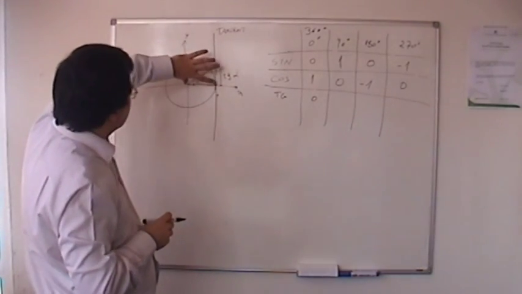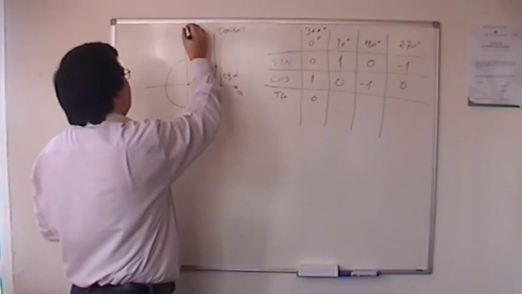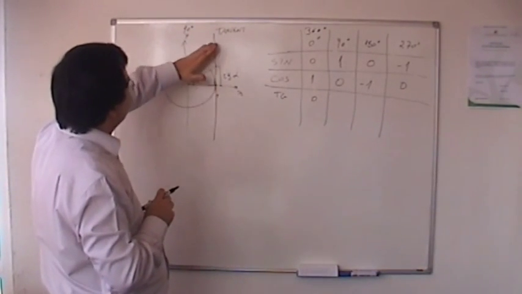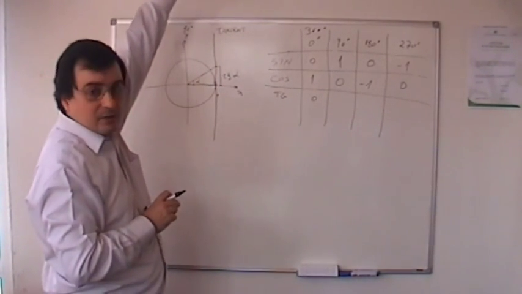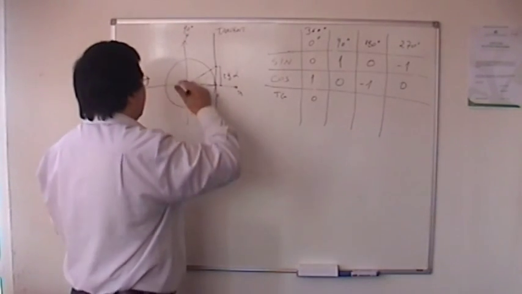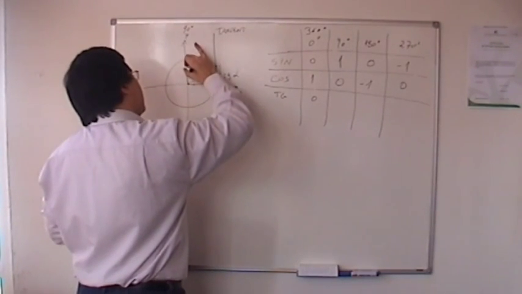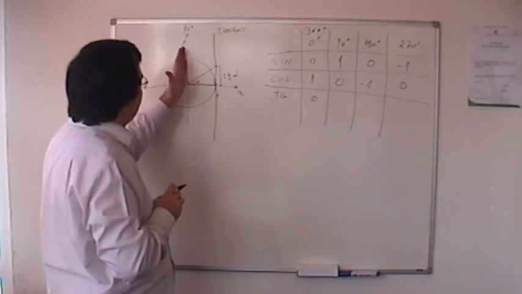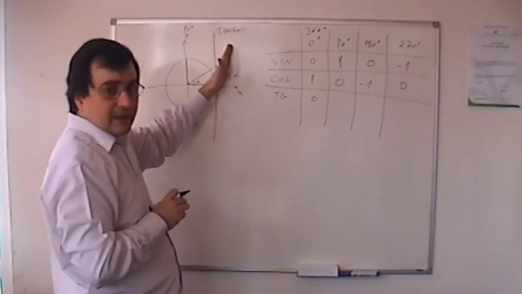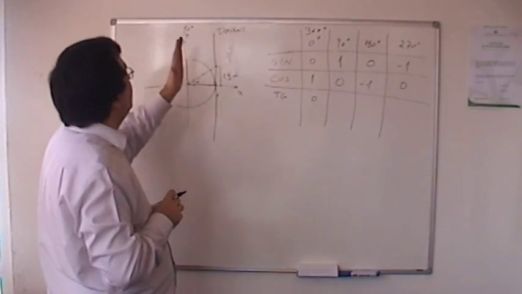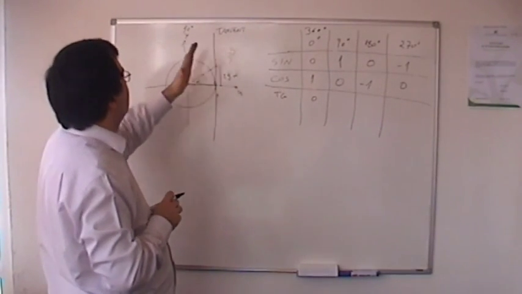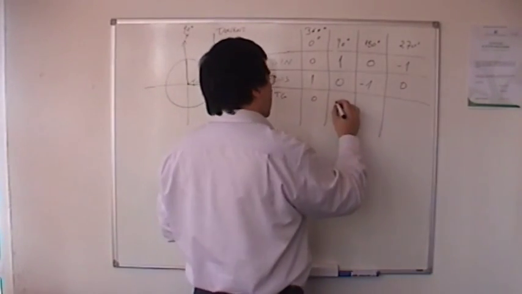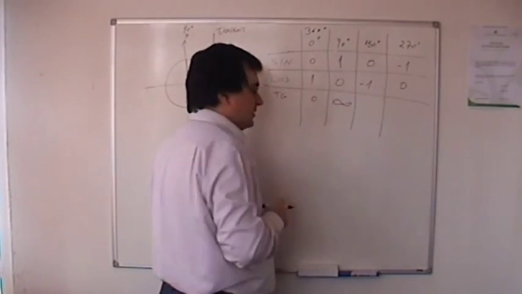But as we move towards 90 degrees, we find that tangent will increase towards infinite, and when we reach 90 degrees, the angle will be parallel with the tangent line. So you cannot determine the value of tangent of 90 degrees because it will go to infinite.